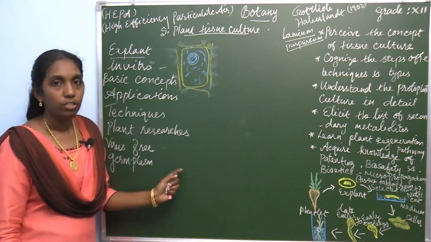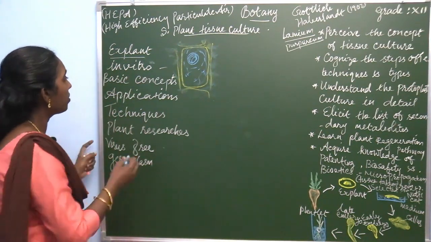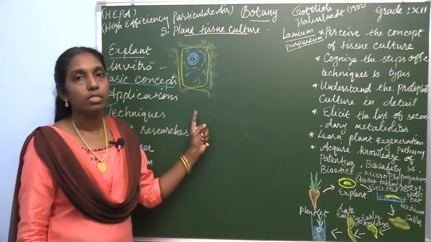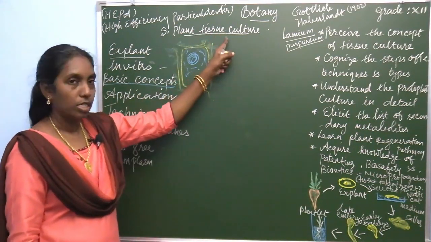So this plant tissue culture contains the basic concepts. Your first 5 mark question you are going to learn today is the basic concepts of plant tissue culture. What are the basic concepts?